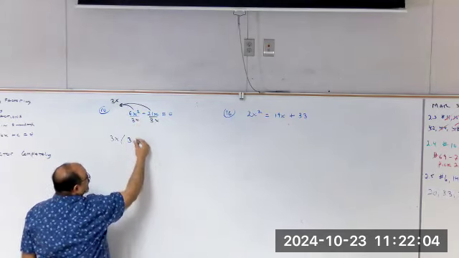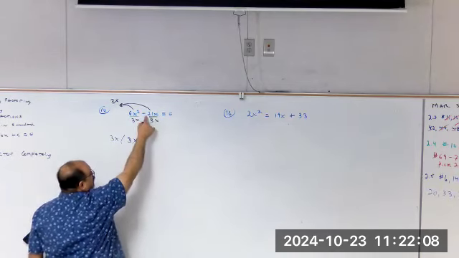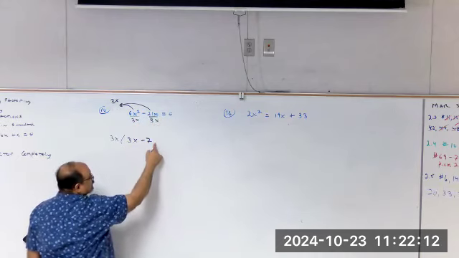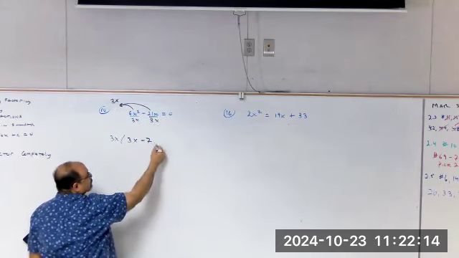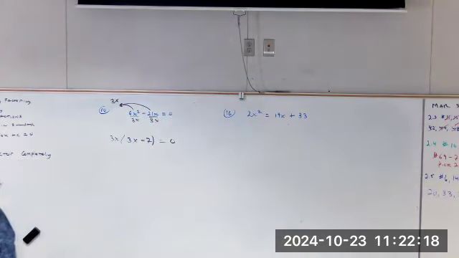X squared divided by x is an x, minus 21 divided by 3 is 7, and x divided by x cancels out to 1. 3x times 3x minus 7. That's as far as it goes. Factor completely. I can't take that any further. Once you have x to the first, you're done.